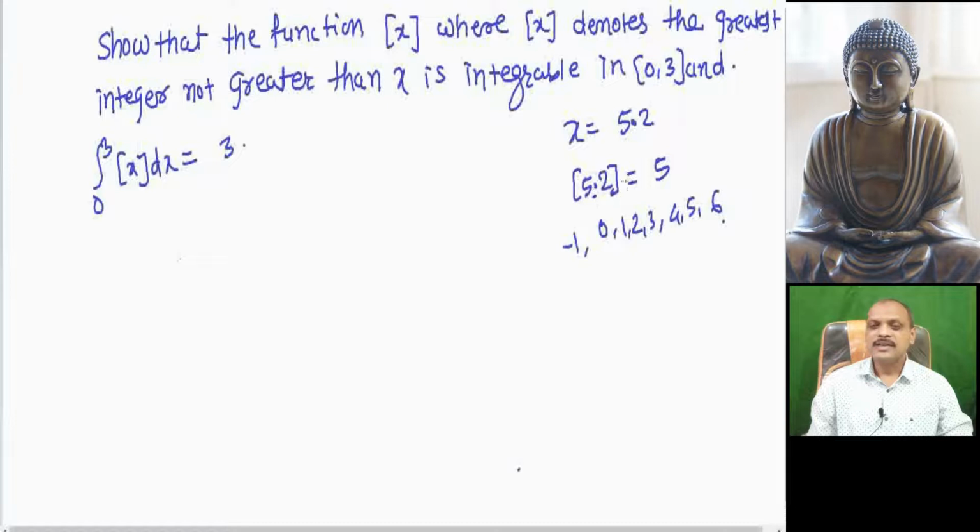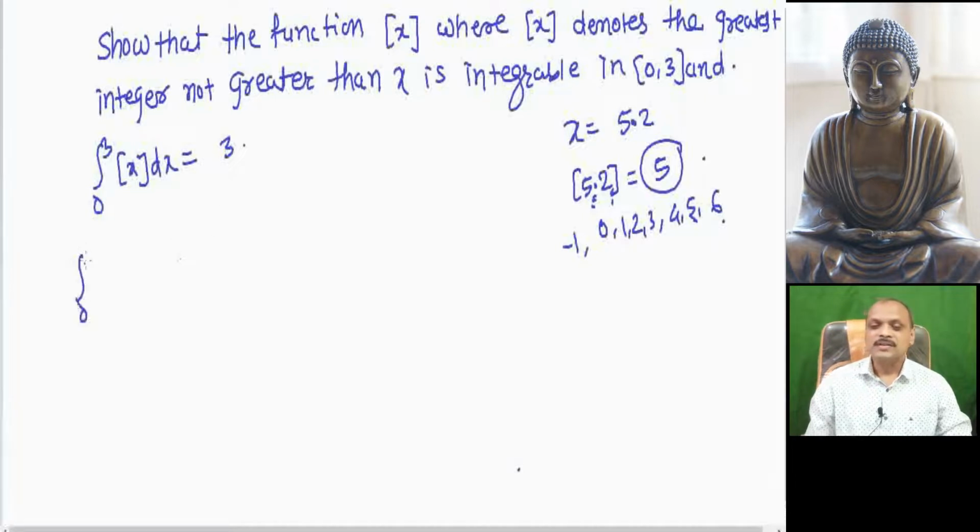Then 6 is an integer but greater than 5.2. So we have to choose the greatest integer value up to this 5.2.